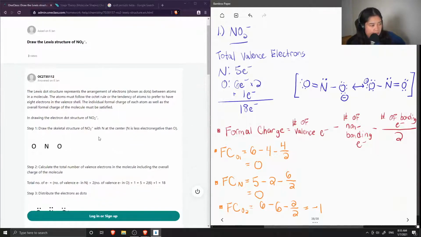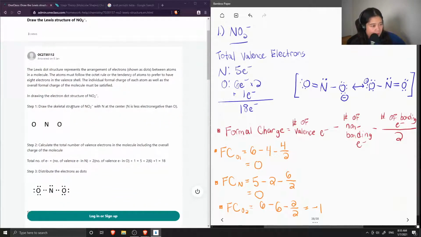The junior tutor said that the Lewis dot structure represents the arrangement of electrons, shown as dots, between atoms in a molecule. Atoms must follow the octet rule, or the tendency of atoms to prefer to have 8 electrons in the valence shell. The individual formal charge of each atom, as well as the overall charge of the molecule, must be satisfied.